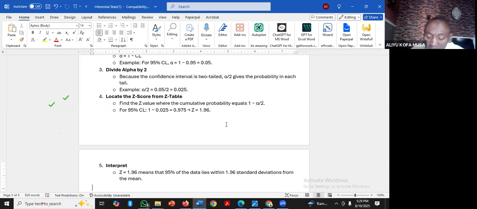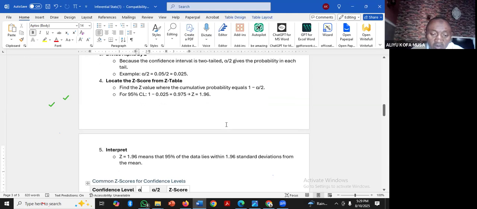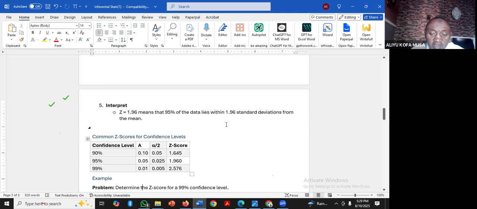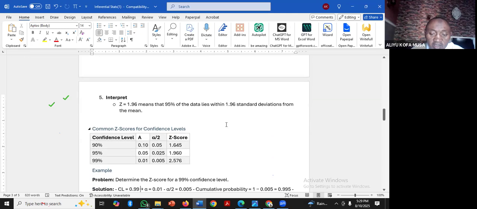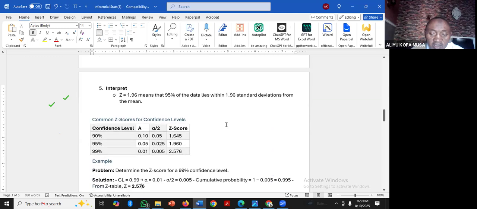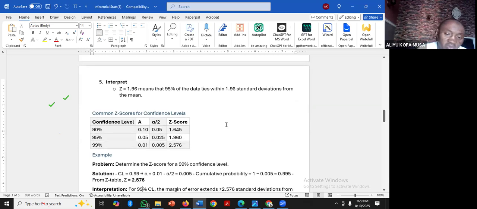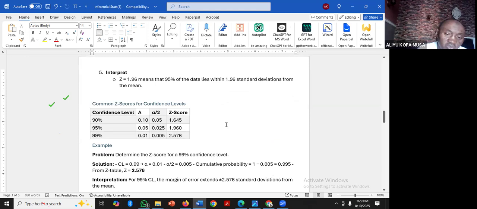So it means almost all. If the standard deviation of the sample is given, you compare. The interpretation is saying 95% of the data lies within that deviation from the mean.